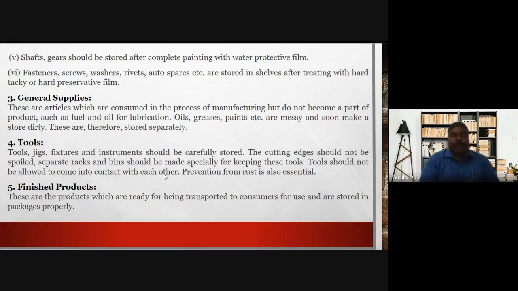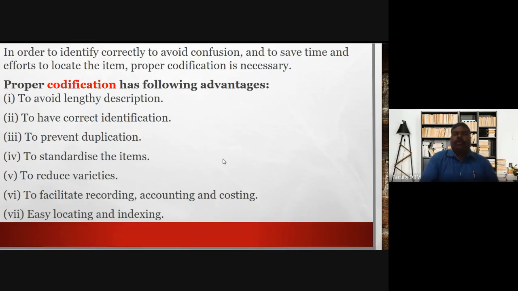General supplies are materials and articles which are consumed in the process of manufacturing but do not become a part of the products, such as fuel, oil, lubrication oil, greases, paints, and so on. They are stored separately, general supplies and tools separately, and finished products with a wrapper. So this is how we are going to classify the products.